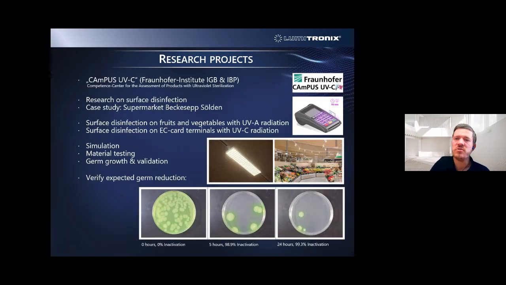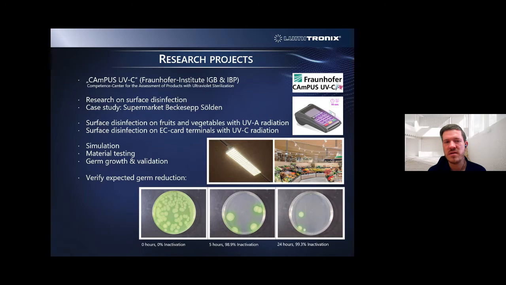So the second research project in which we're cooperating with the Fraunhofer Institute IGB and IBP is called Competence Center for the Assessment of Products with Ultraviolet Sterilization.